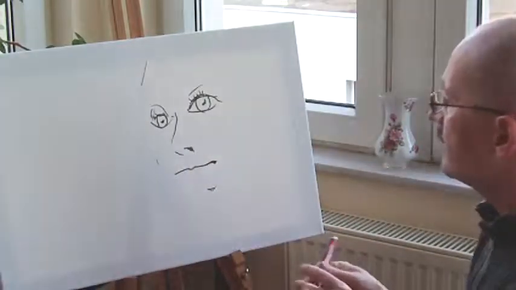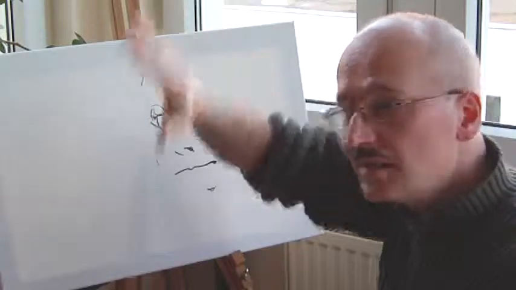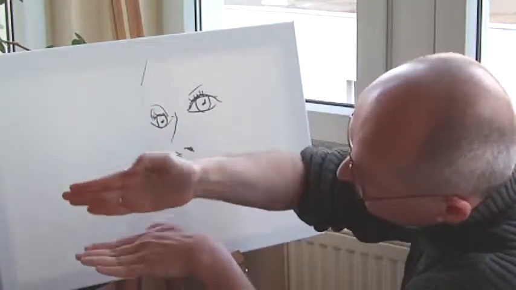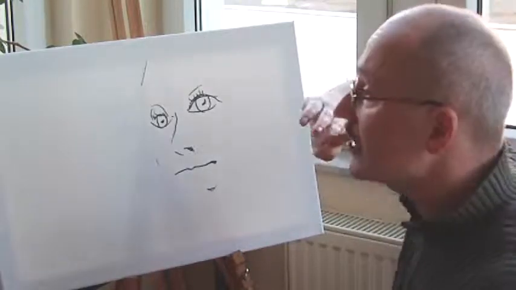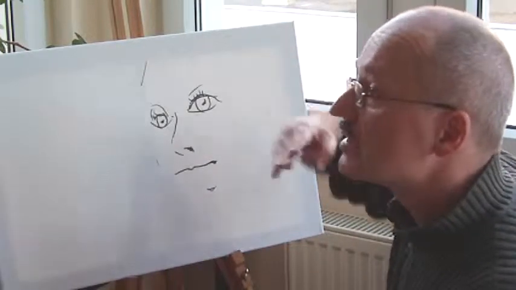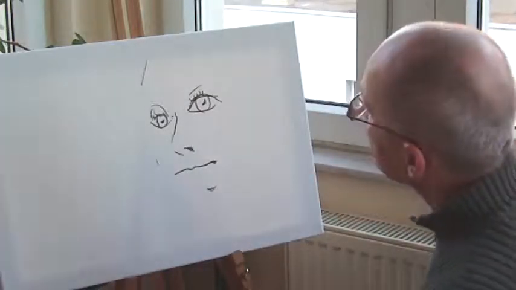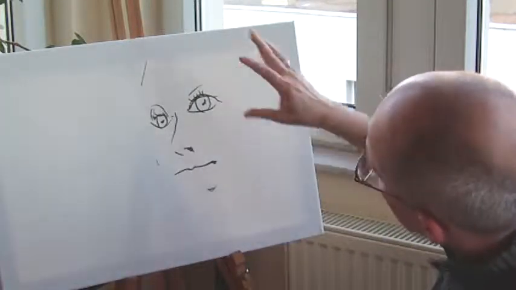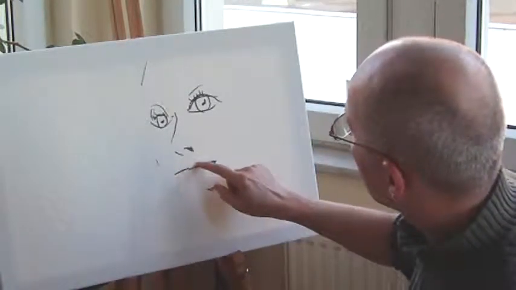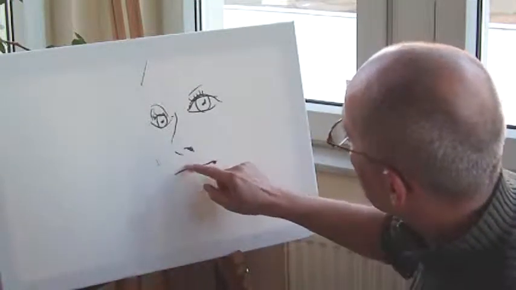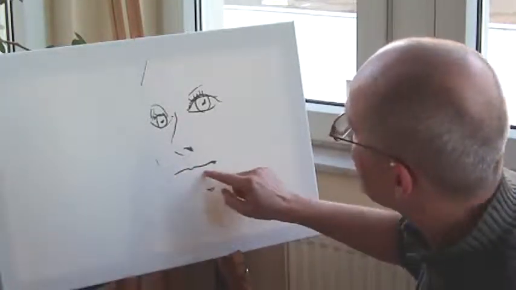And then you should know a mouth is not a plain thing, but it has two axes. The one lip is going upwards here and this is going downwards here, right? So if you think of light distribution, this lip here will have more shadow and this will be bright.